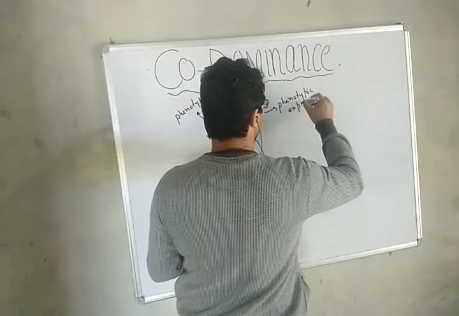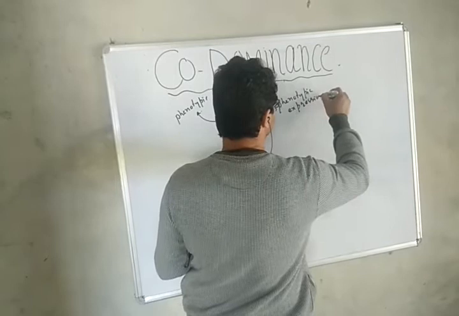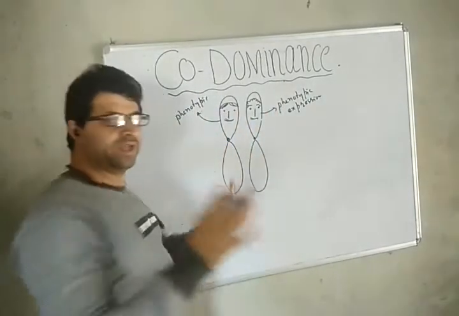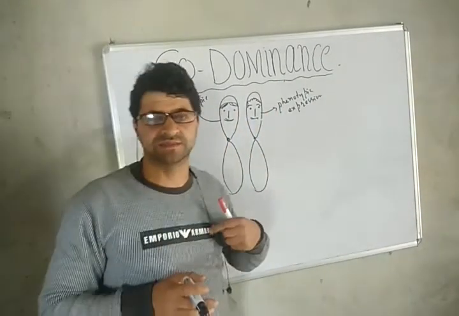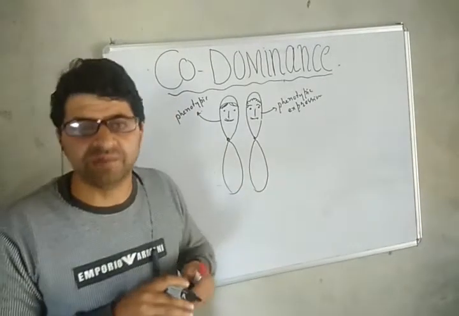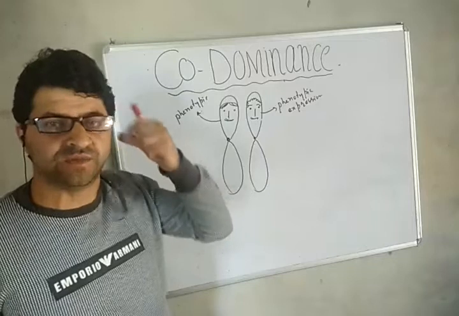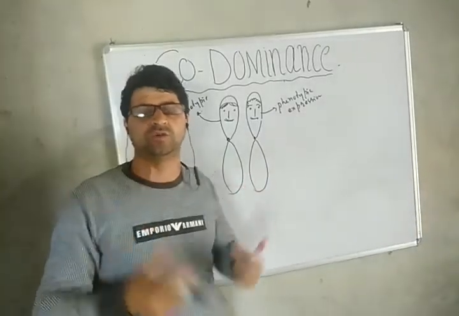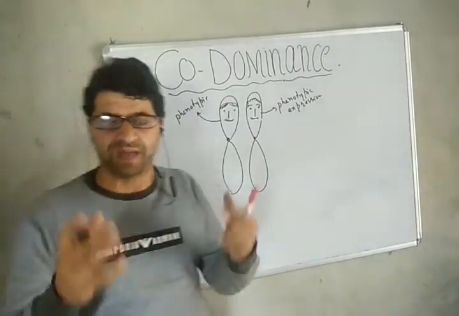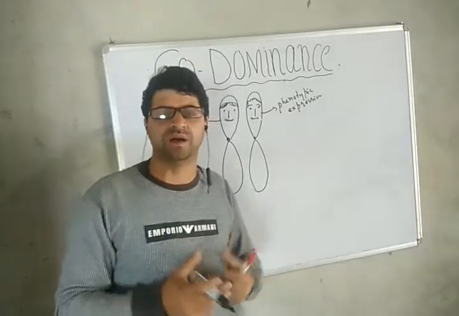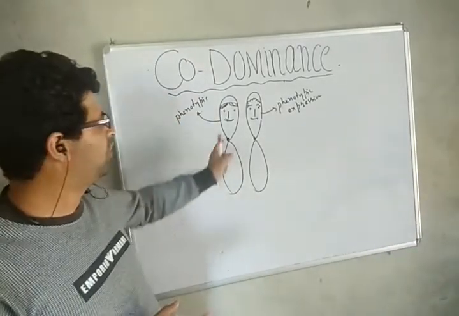Understand, when two alleles pertaining to the same gene show their respective phenotypic expression, this pattern or phenomenon is called codominance.